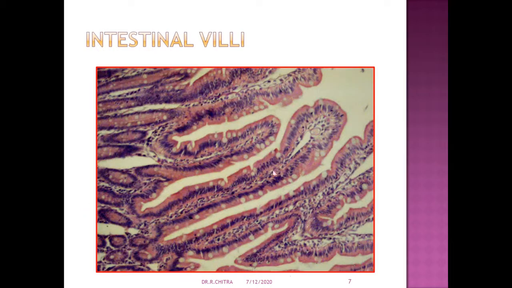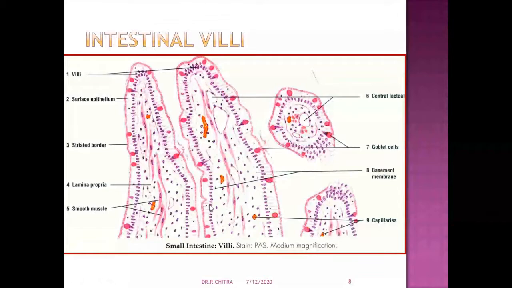So these are the projections of the mucosa, so that all three layers of the mucosa are projecting. That will be called intestinal villi, containing the surface epithelium and the lamina propria, even smooth muscle cells, capillaries, even the lacteals.